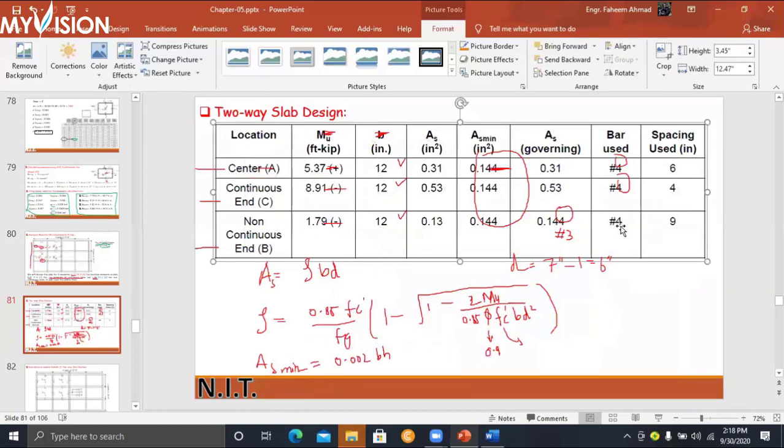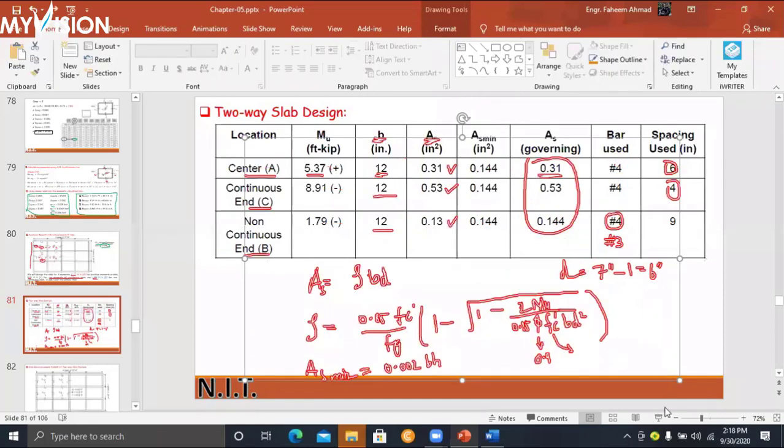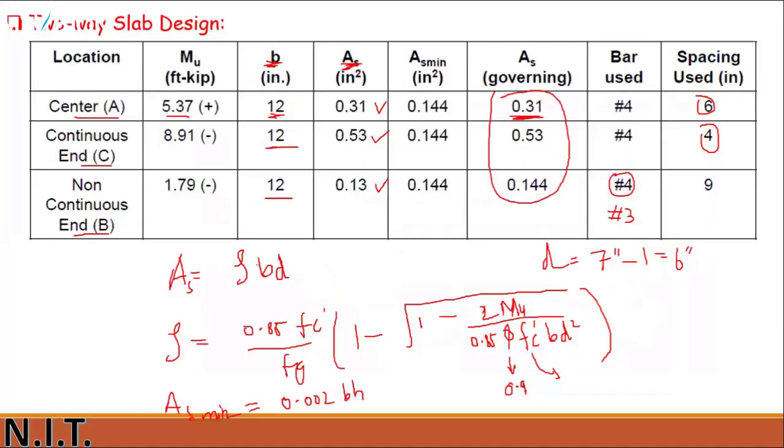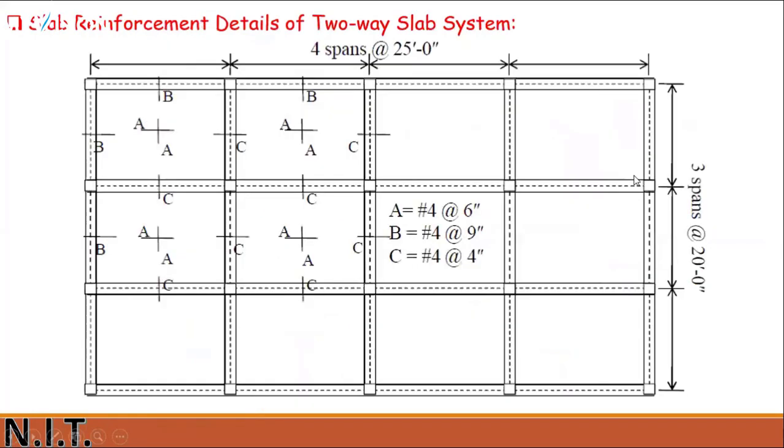This is the picture which is important, but this is number 3. Use these bars over here. This is a mistake. This is bar number 3, at the rate of 9 inch center to center.